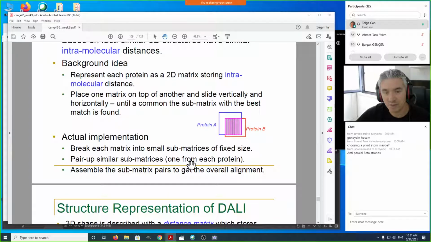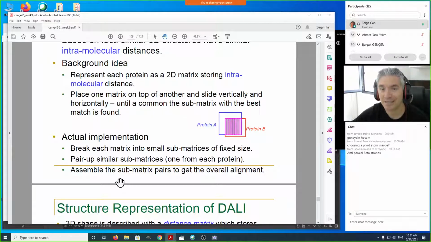A similar submatrix pair contains one submatrix from protein A matched to another submatrix from protein B. So we have this match. If we are given these pairs of matching small matrices, can we assemble them from this large set of high scoring pairs?